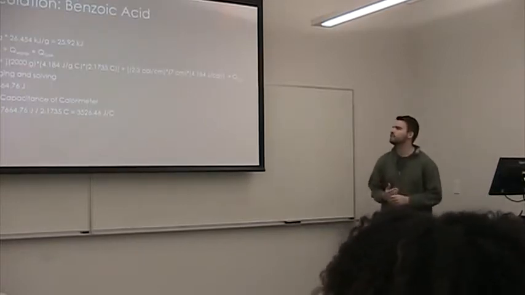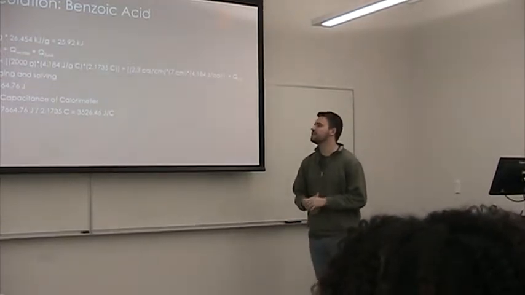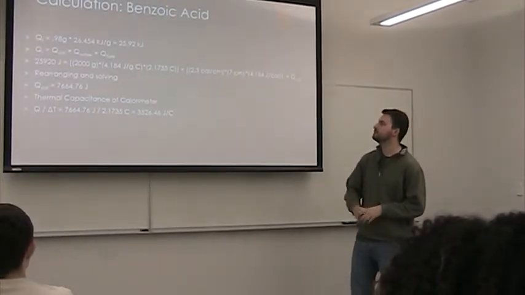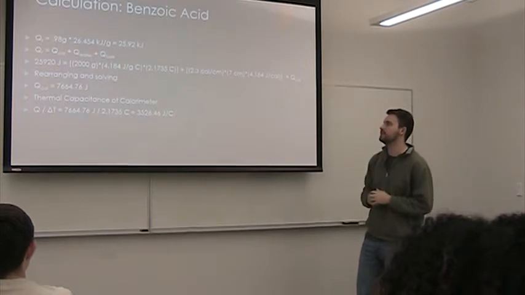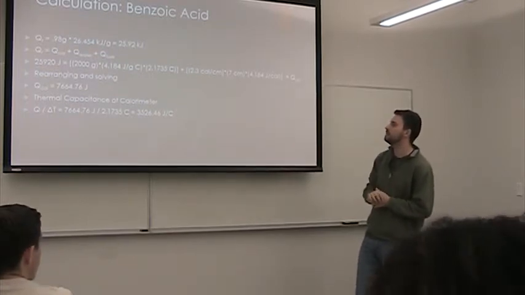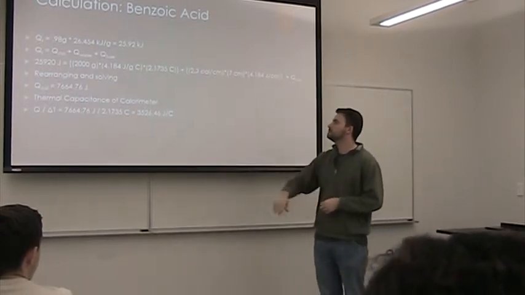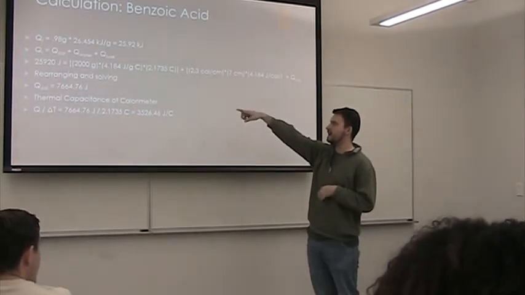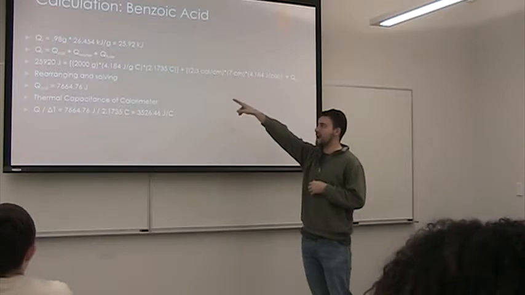Here are the calculations for it. So basically I found the heat of the reaction by multiplying the mass of the acid sample times the specific heat. Once I came up with that, I found that that was the total energy from the reaction.